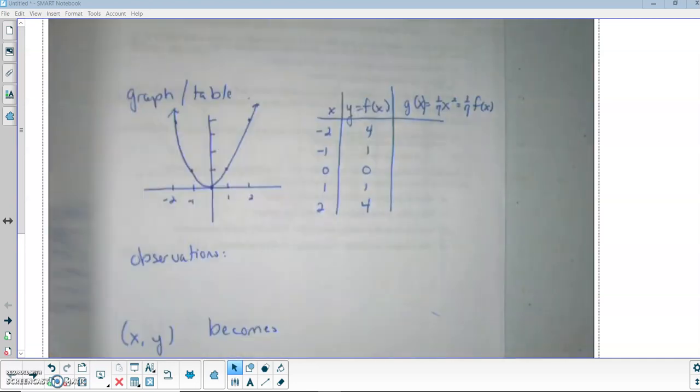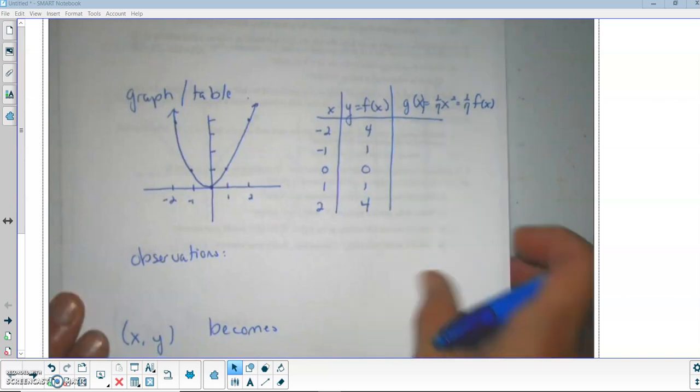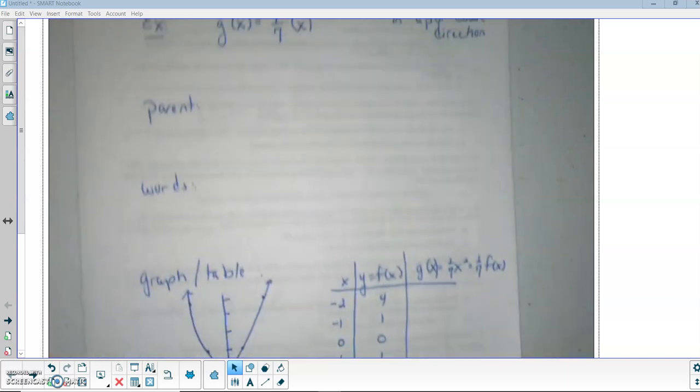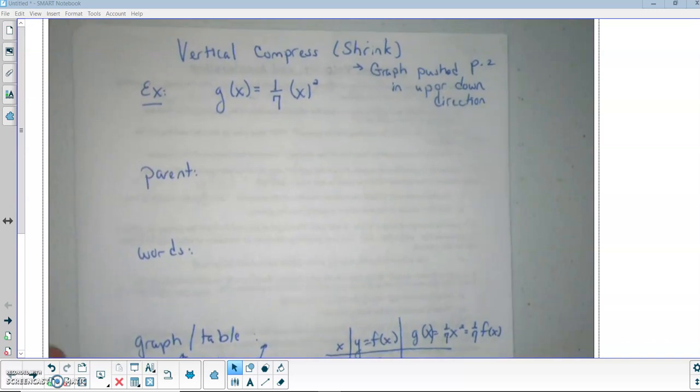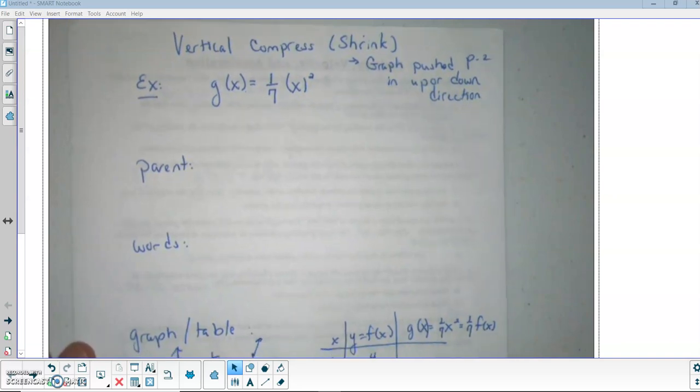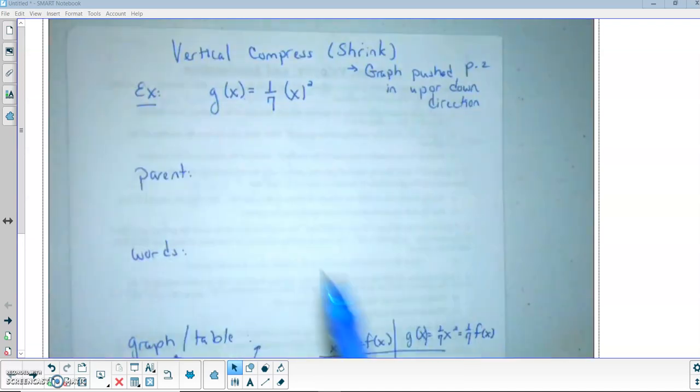All right, these are non-rigid transformations because the shape is changing instead of just a translation left to right or flipped over the x-axis or y-axis. So it's the same kind of logic for a shrink, but instead of pulling the graph apart, we are squishing the graph down.